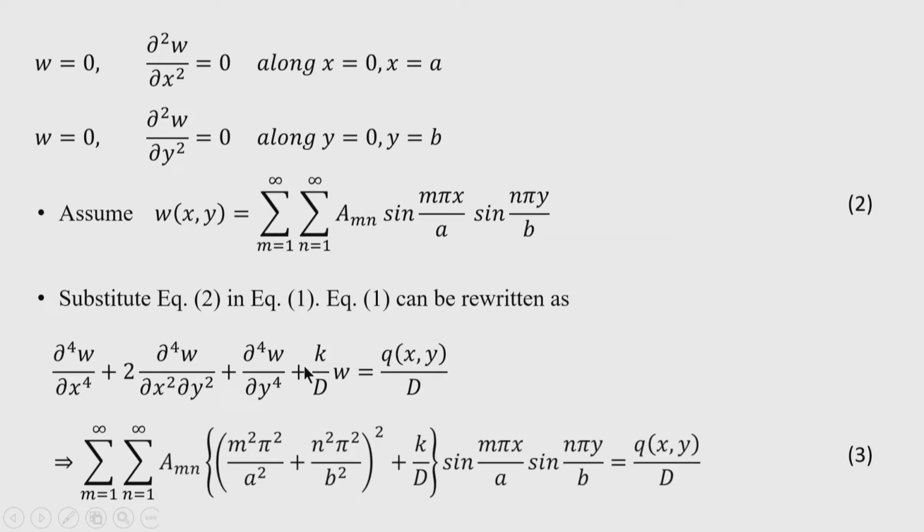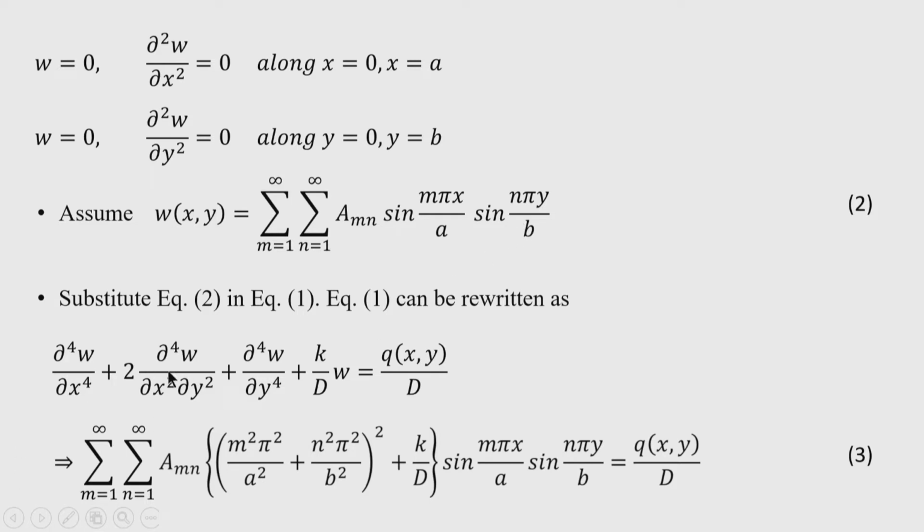After substitution, you will get this term: after the fourth derivative, m to the power 4 pi to the power 4 divided by a to the power 4 will come, and for the fourth derivative with respect to y, again n to the power 4 pi to the power 4 by b to the power 4 will come.